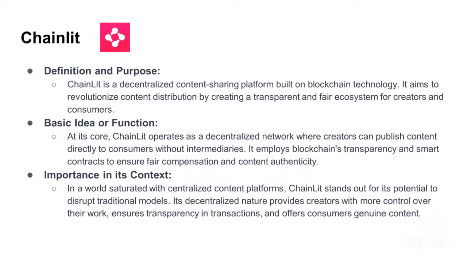It will ensure transparency between the transactions from the consumers as well as those who are developers or creators. Then it will offer the consumers genuine content. From the creators directly, it will go towards the consumers without any intermediary.